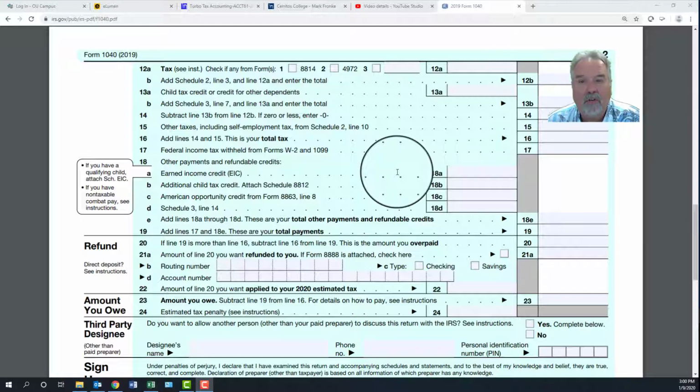If it's overpaid, you could get a refund, or you can apply it to the next year's tax.